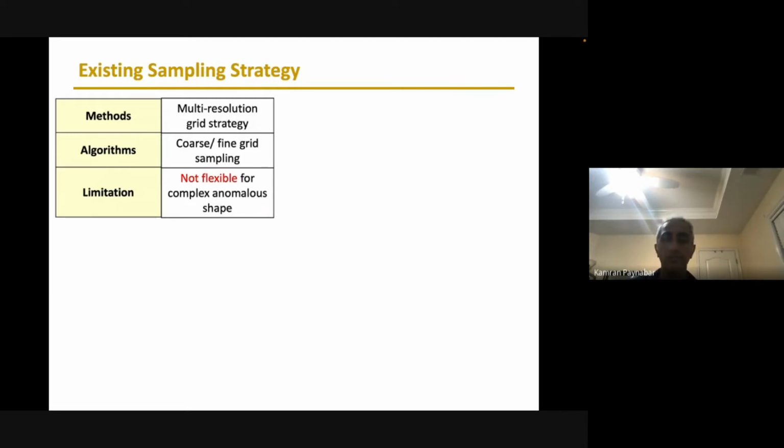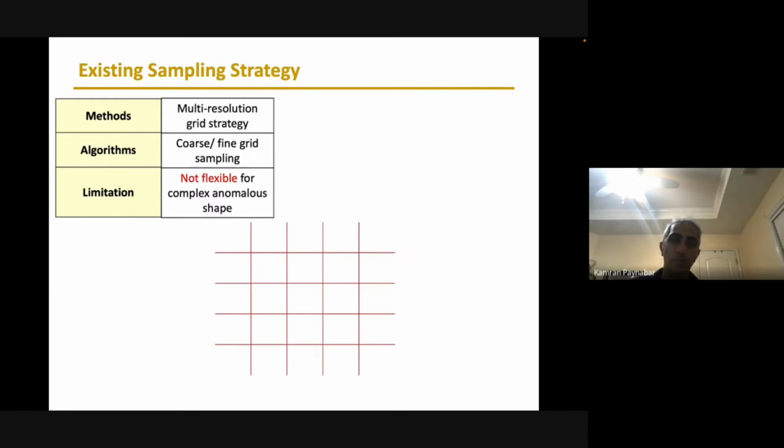All right, I continue. So what are the existing sampling strategies? Let's look at the literature. One way, as I said, is the multi-resolution grid strategy. Basically, they start with a coarse sampling. You can see this is a coarse grid, and they collect samples at the points here, here, here, in each square.